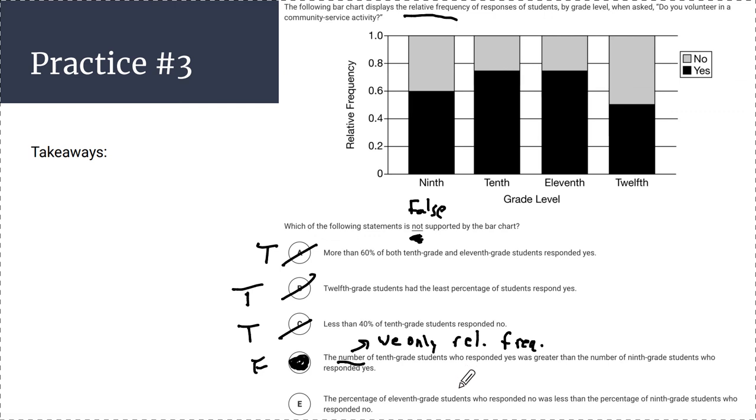E says the percentage of 11th grade students who responded no was less than the percentage of 9th grade students who responded no. That is true. My gray section for 11th grade students is smaller than my gray section for 9th grade students. So that is true. My correct answer here is D again. So the key takeaway here is read carefully.